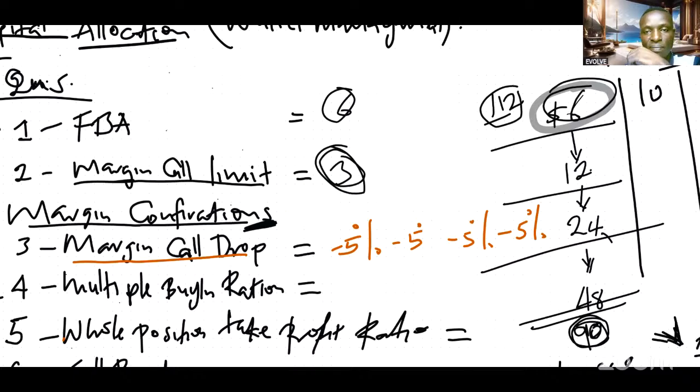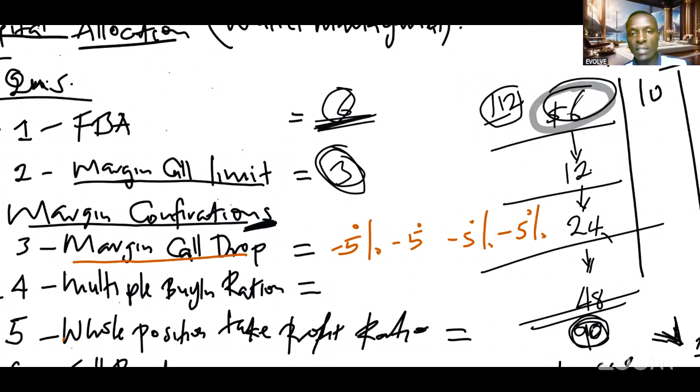Is that clear? The more you put on your first buying amount, the lower the margin call limit. I hope that is clear. So the bigger the amount here, the fewer the margin calls.